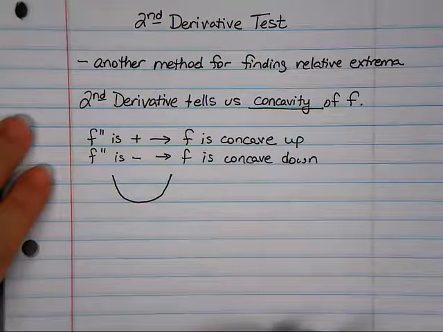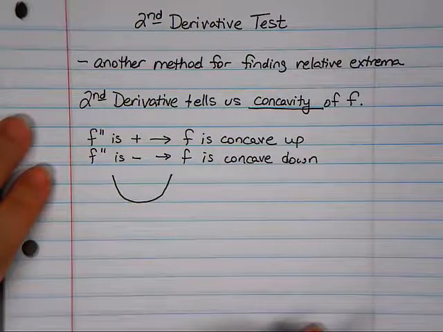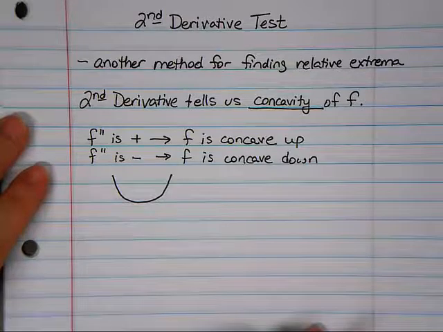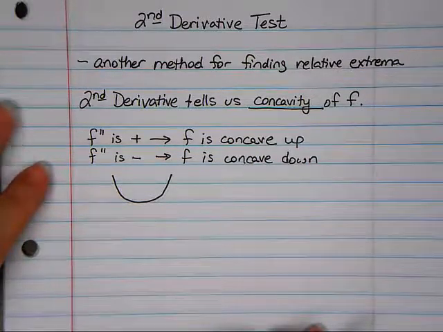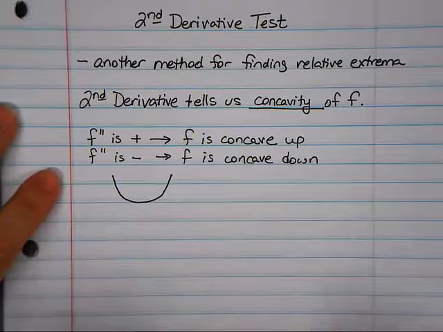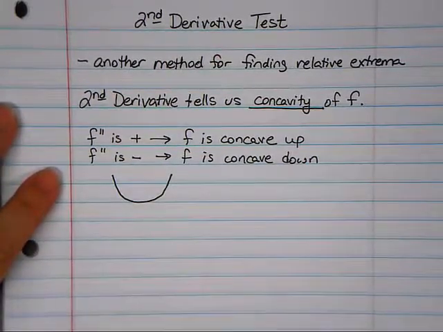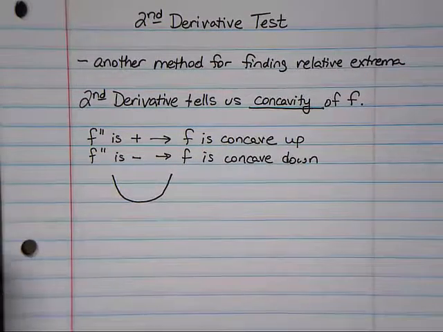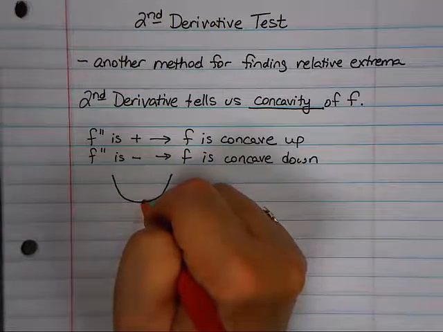Before I go any farther, how do you find critical points? You take the derivative and you set it equal to 0, and you find where the derivative fails. Okay? So, where on that piece of concave up graph does the derivative either equal 0 or fail? Right here. Agreed?